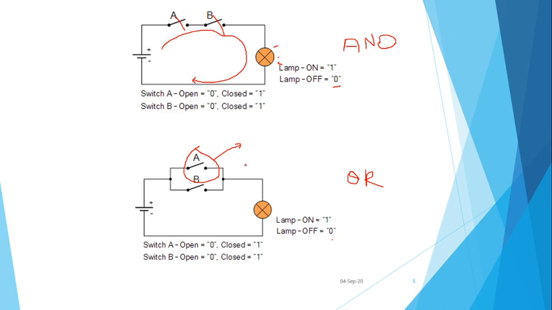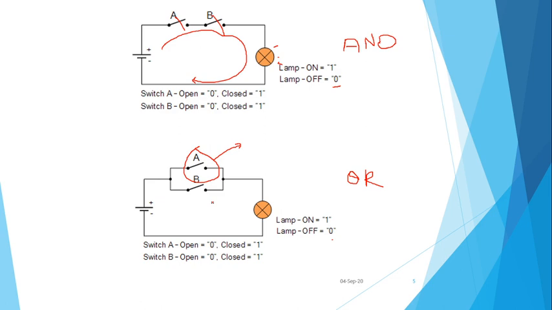Okay, so we can have simply transistors. Instead of switch A, I am using a transistor, and instead of switch B, I am using another transistor: transistor T1, transistor T2. Now this circuit is completely of transistors. That kind of logic is called TTL, transistor-transistor logic, because we are only using transistors here, right?